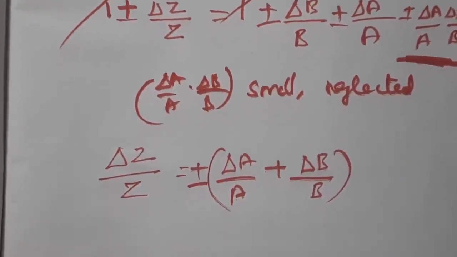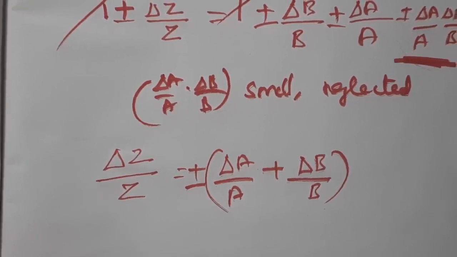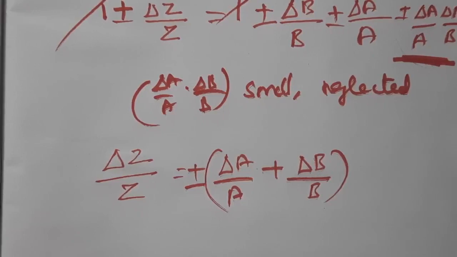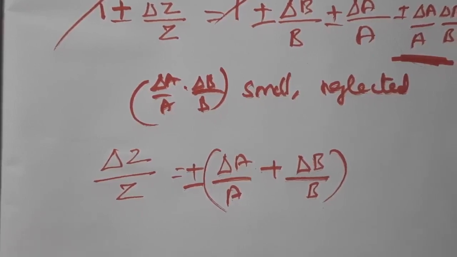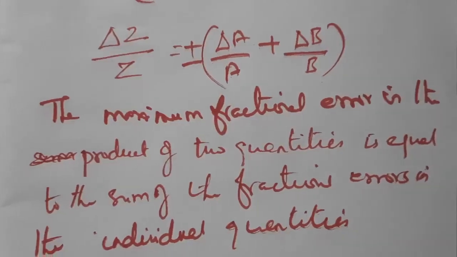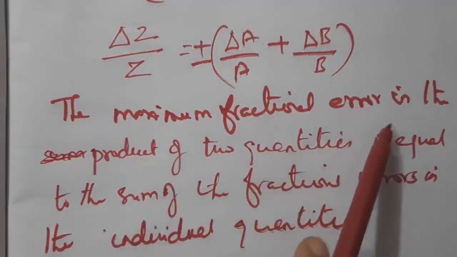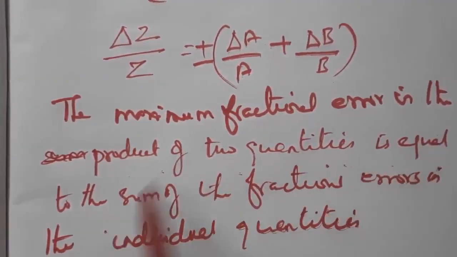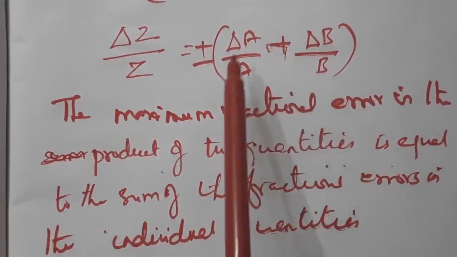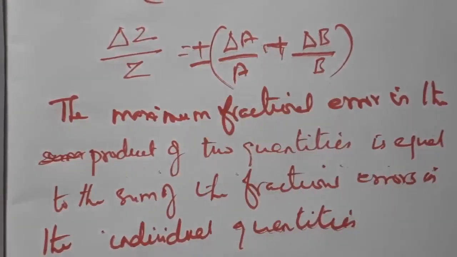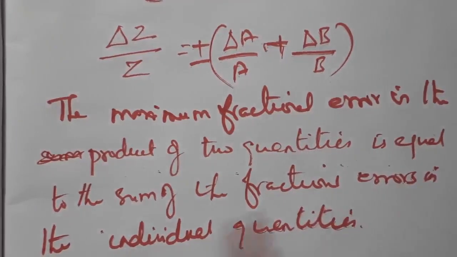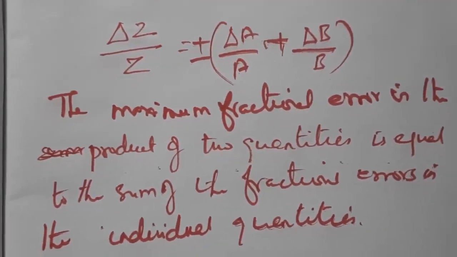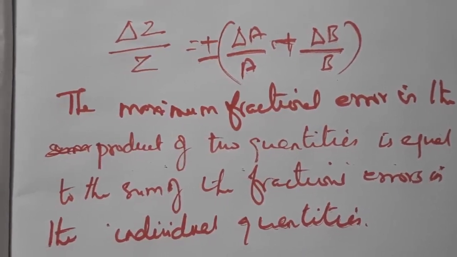So the maximum fractional error in the product of two quantities is equal to the sum of the fractional errors in the individual quantities. Understand?